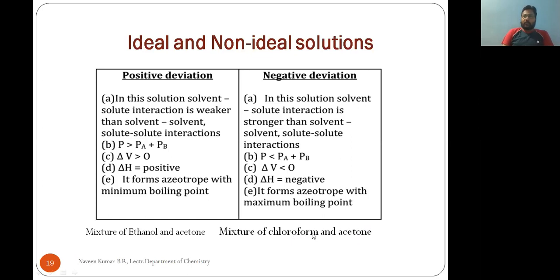Chlorine is electronegative, but in acetone, oxygen is the second highest electronegative element among the known three highest, fluorine being highest and oxygen the second. Next is nitrogen. Since the attractive forces in acetone are stronger, in chloroform they are weaker.